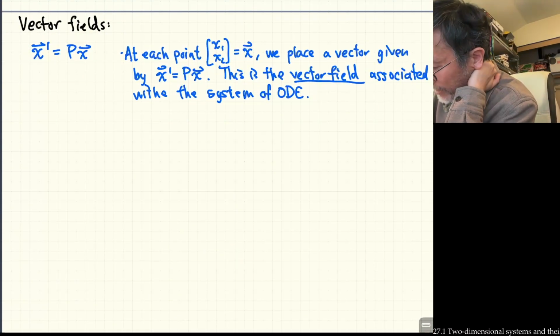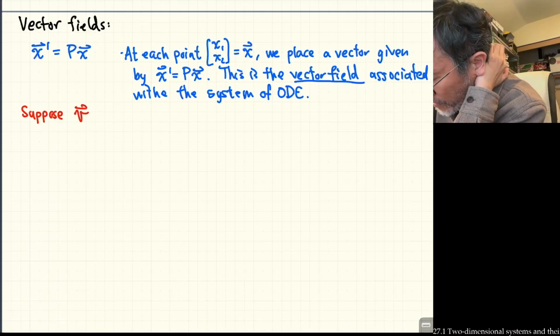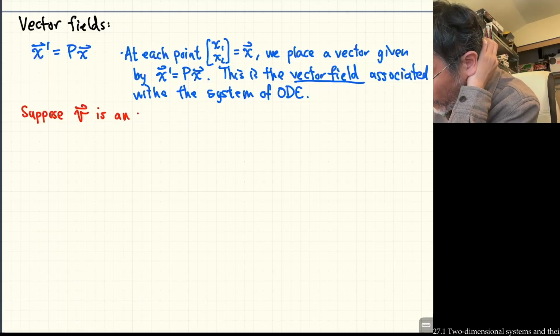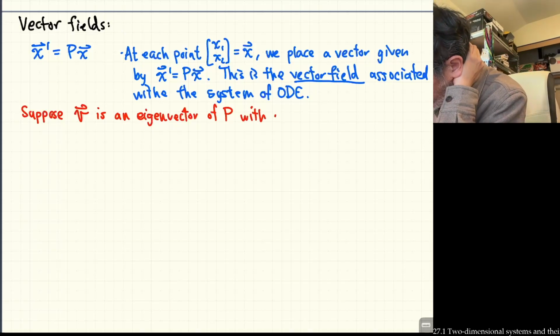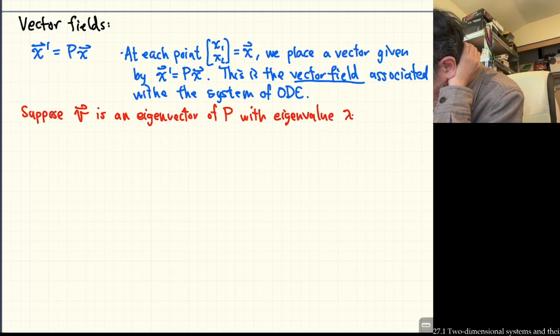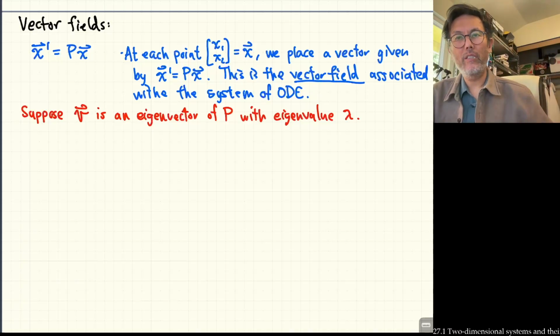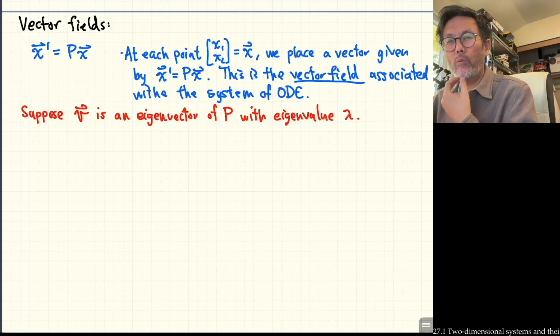Suppose v is an eigenvector of P with eigenvalue lambda. Standard, we know this is an important element of solving this system x prime equals Px, to find an eigenvector and its associated eigenvalue.